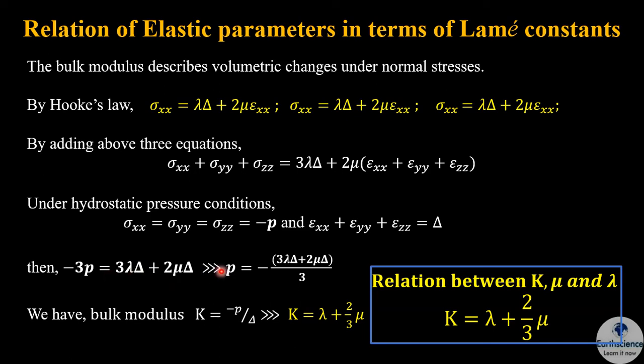And if we substitute this p in the definition of bulk modulus, that is pressure to dilatation, then it gives k equals lambda plus 2 by 3 mu. This is the relationship between bulk modulus, shear modulus and the Lamé parameter.